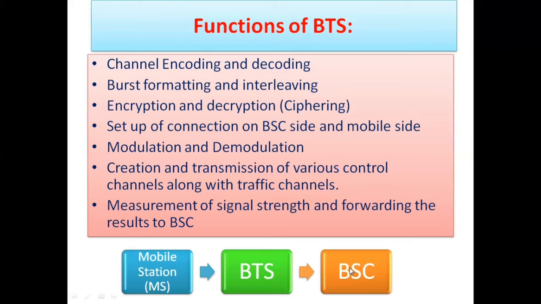Since the BSC is all the time receiving the signal strengths of the 6 adjacent cell base stations, the BSC will decide that if the signal strength of the next base station is very good, it will instruct that BTS to take control of this mobile station. That means he will be disconnected from the present BTS since its signal strength is low, and he will get connected to the next BTS, which has a very good signal strength. So this measurement of the signal strength is very much required for handing over purposes, and that is ensured by the BSC.